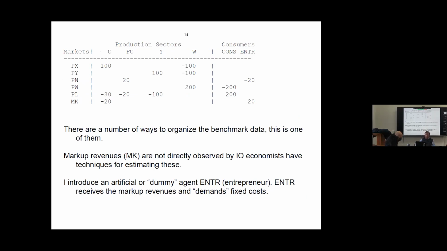So the markets, I don't know why I call that C, but C is this X sector. Fixed costs, think of that as a production sector. This is a framework that I came up with way back at the end of the 80s when I first met Tom, and I told him what I wanted to do, and he was very helpful on this. We treat fixed costs, so it's like building factories, okay? It takes resources and it's a produced good.